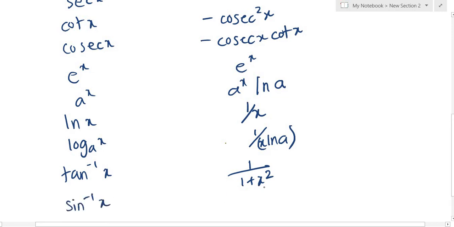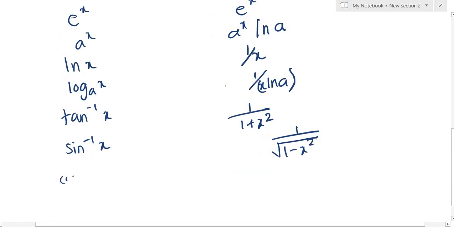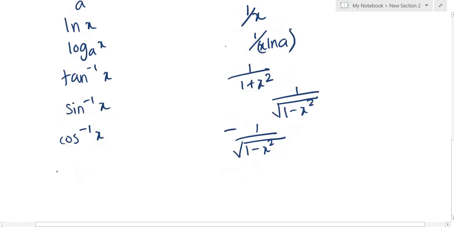Sine inverse of x is 1 over square root of 1 minus x squared. Cos inverse of x is the negative of this, negative 1 over square root of 1 minus x squared. Then if you want, sec inverse of x is 1 over x times the square root of x squared minus 1.